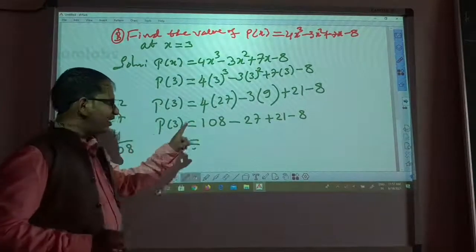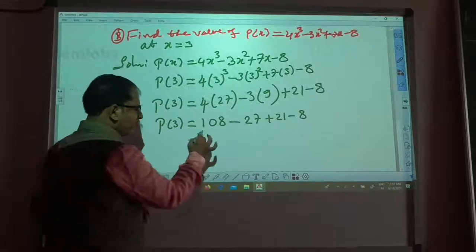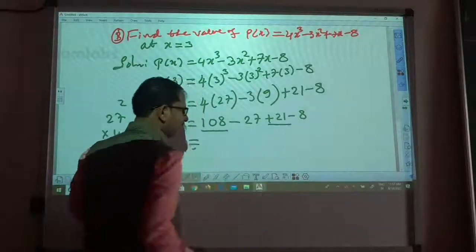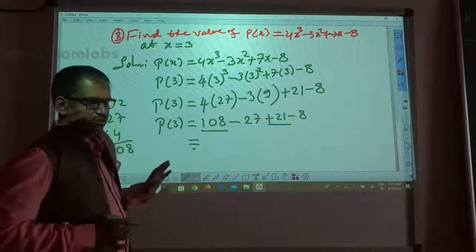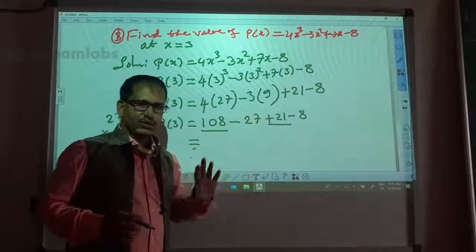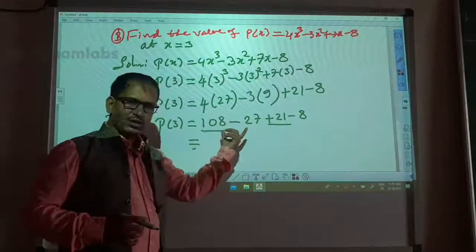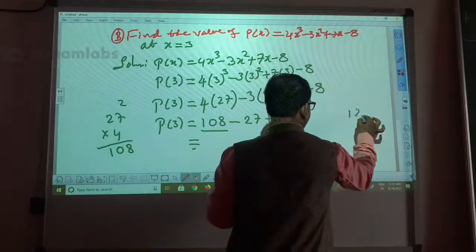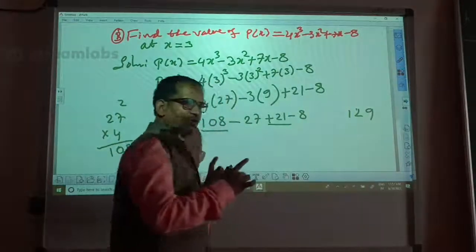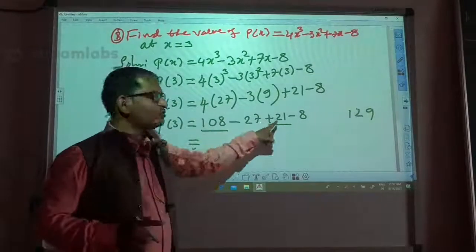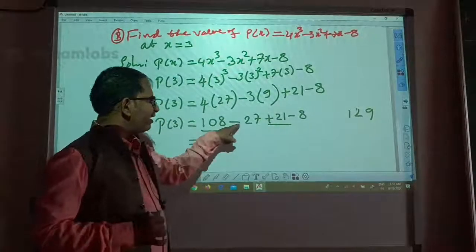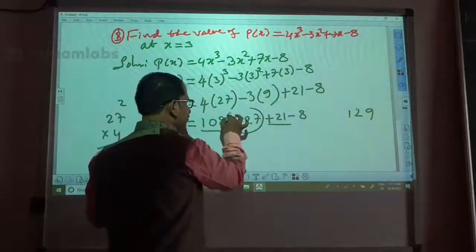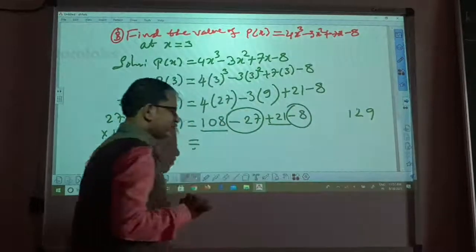Now 108 plus. First, just mark or underline the positive numbers. 108 plus 21, both together equal 129, right? Then the negative numbers. This is also a negative number, this is also a negative number.